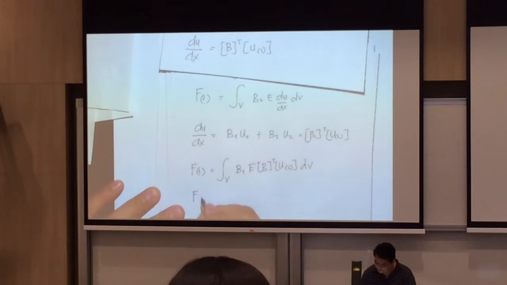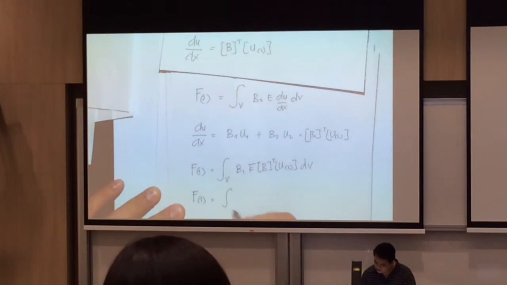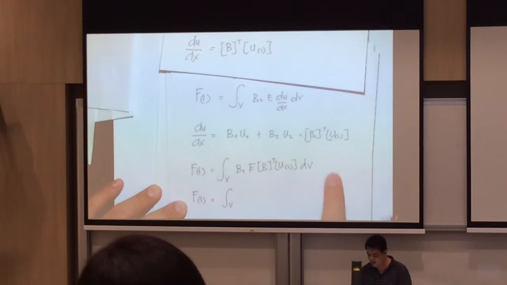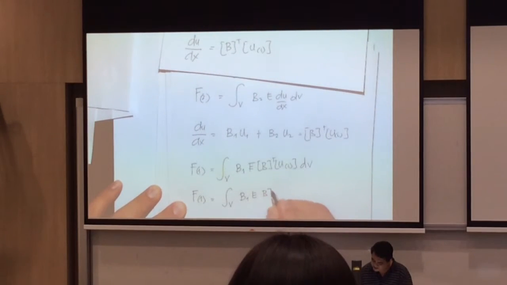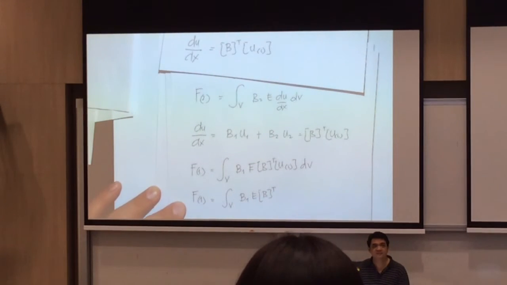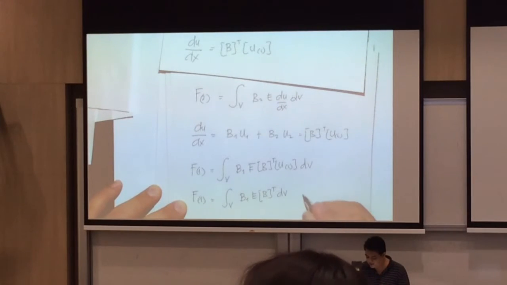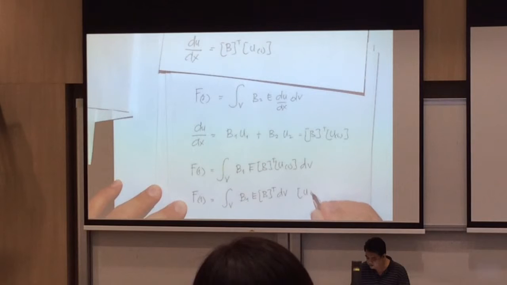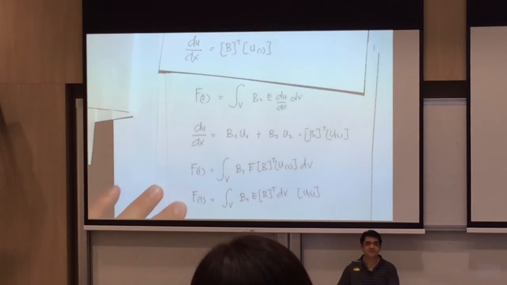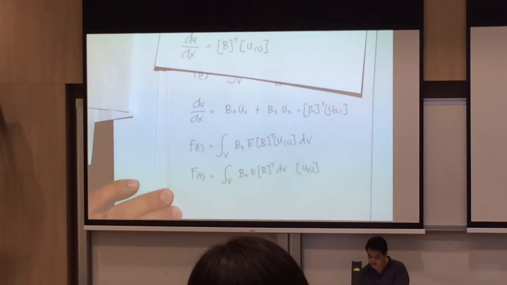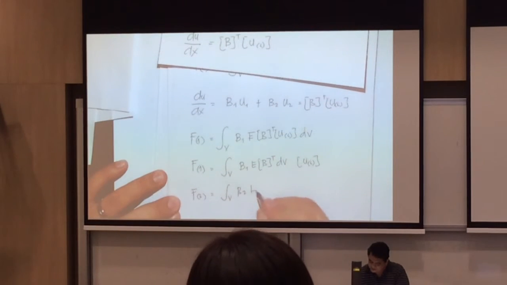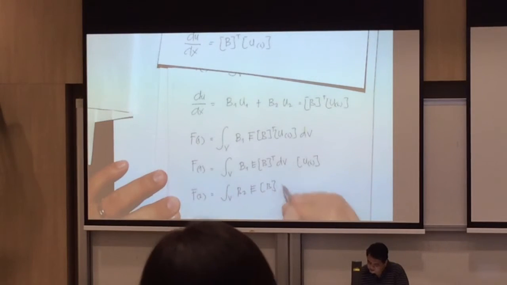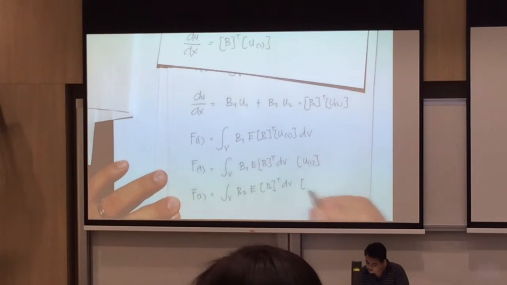So we can have down here F1 is equal to the volume integral. We can bring this one out. So that's B1 E B transpose dV, and then we have now here UI. If I'm going to write F2, F2 now will be the same. Volume integral, so B2 E B transpose dV UI.